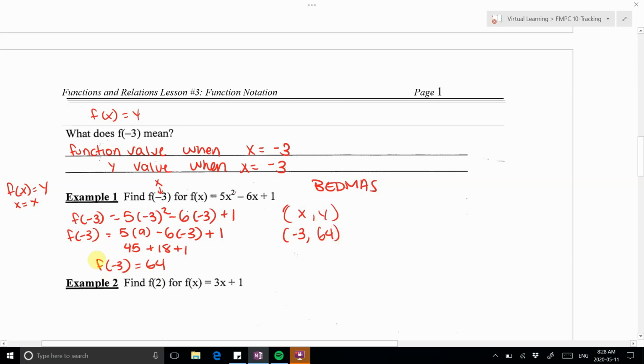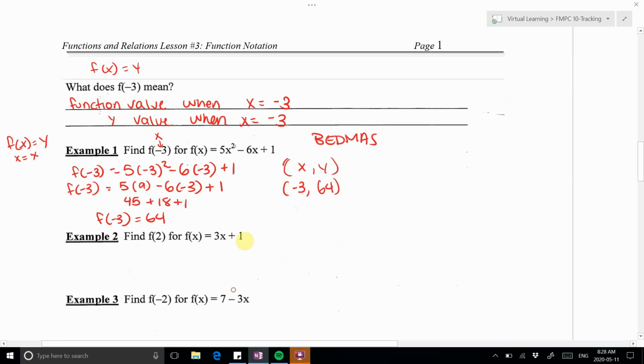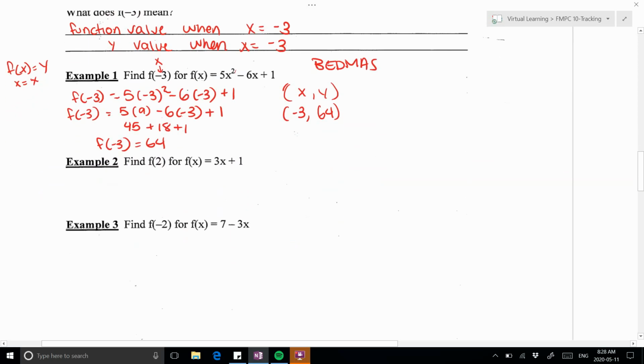Okay? So this f at negative 3 is not something I'm trying to solve. It's a value in itself. It's the function when x is negative 3. And so here, this says, what is f at 2 for this equation? So f at 2 is equal to, and remember, that means that x is 2.